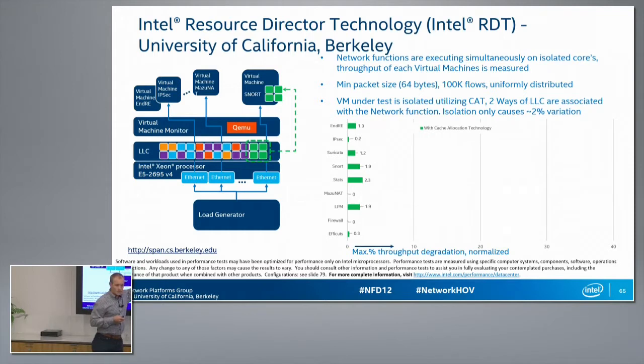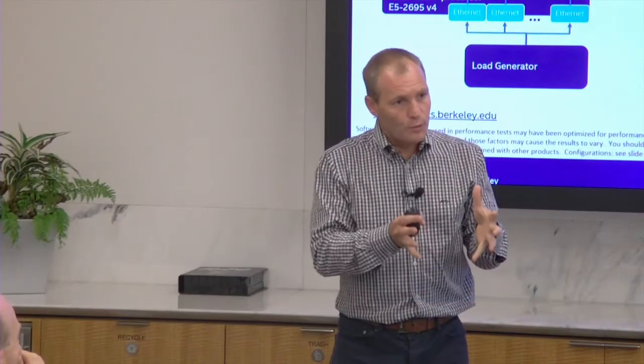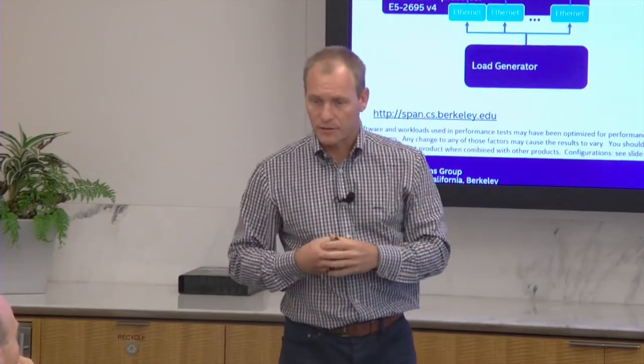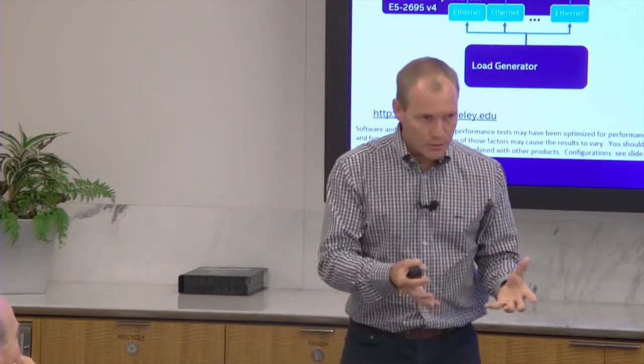Snort still incurs about 2% variation as a result of it needing memory bandwidth. Because here is the key: if you restrict an application to a small portion of the LLC, and it has a big memory footprint or a big cache footprint, it will exceed that small portion of cache and put pressure on the memory interface. So it's pretty obvious what you need next.